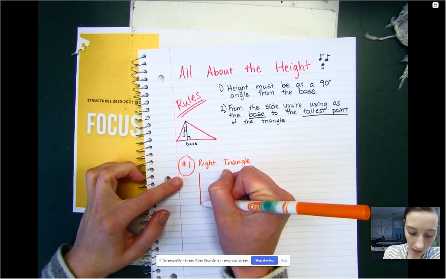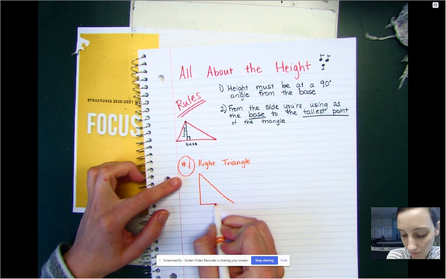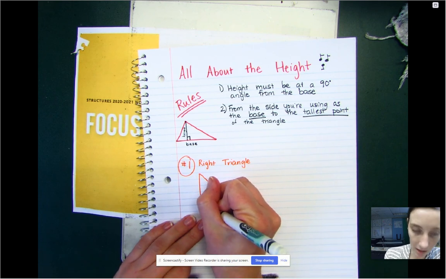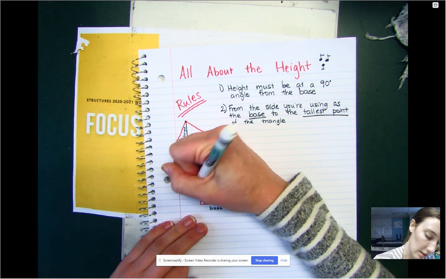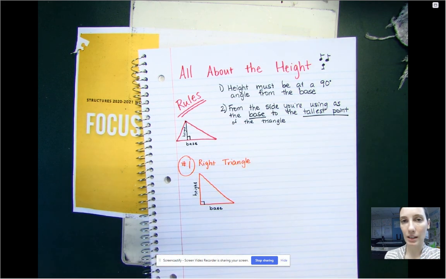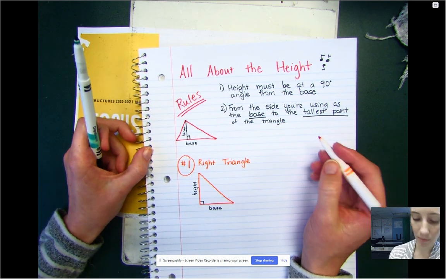So a right triangle, let's say, looks like that. We already have a 90-degree angle right here. So this is our base. This is our height. No extra work. Yay. All right. So that's option 1.